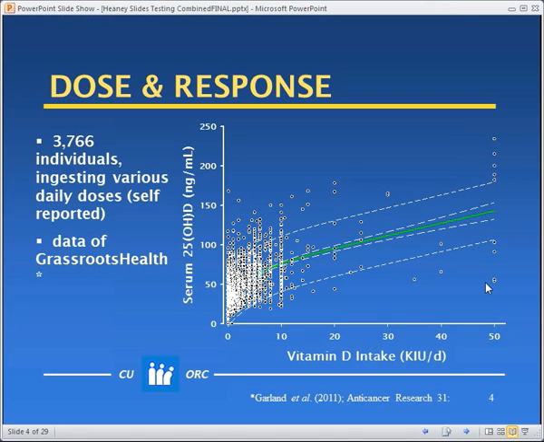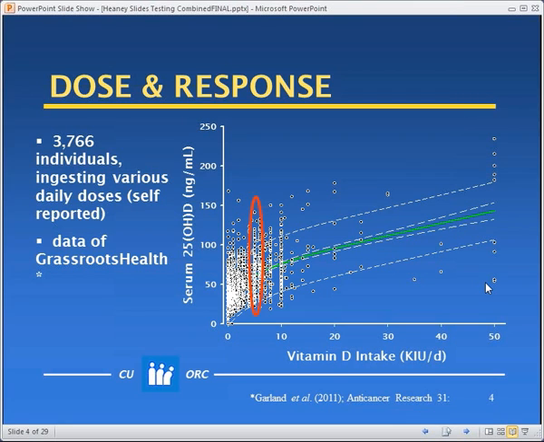And on the vertical axis, we have the serum 25-hydroxy vitamin D level in the units that are typically used in the United States. And you can see that the higher your intake, the more likely your serum 25-hydroxy D is going to rise or be higher. But you also see that there's a tremendous lot of spread around the data.